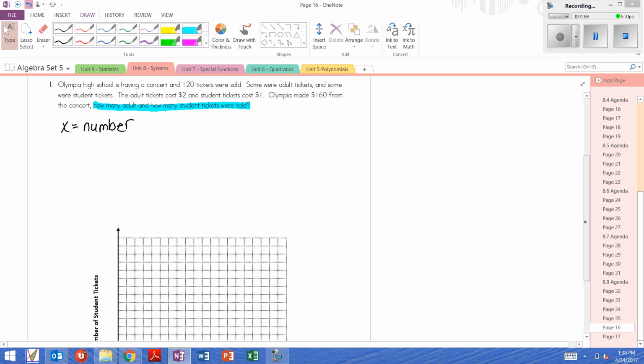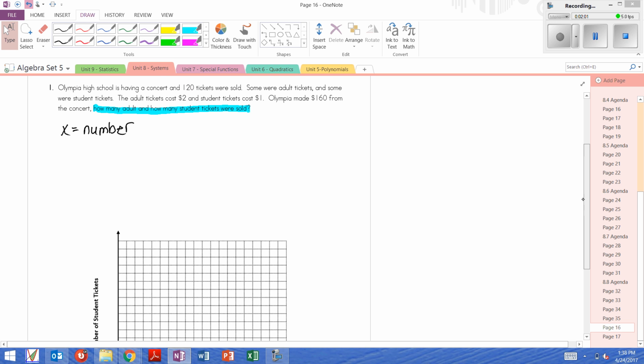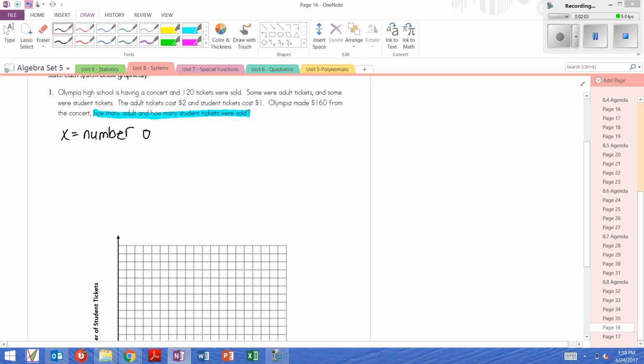Actually, no, X is actually the number of adult tickets, and Y is the number of student tickets.